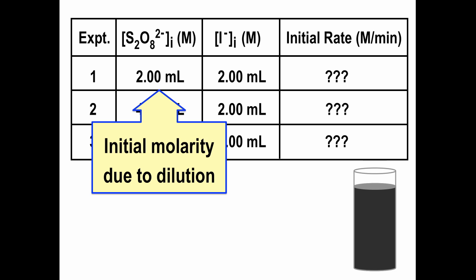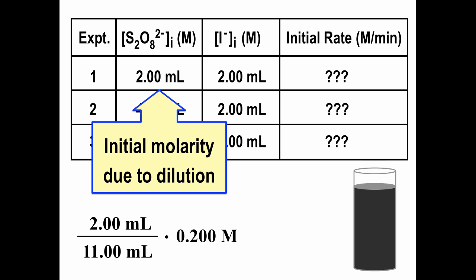The actual initial molarity of the S2O8 2- in experiment 1: we use 2 milliliters of the 0.200 molar, and we have a total of 11 milliliters of solutions mixed together by the time the experiment is complete. So we have 2/11 of 0.2 molar as the actual initial molarity after the dilution, and that's about 0.036 molar. So our initial molarity in experiment 1 of S2O8 2- is 0.036 molar.